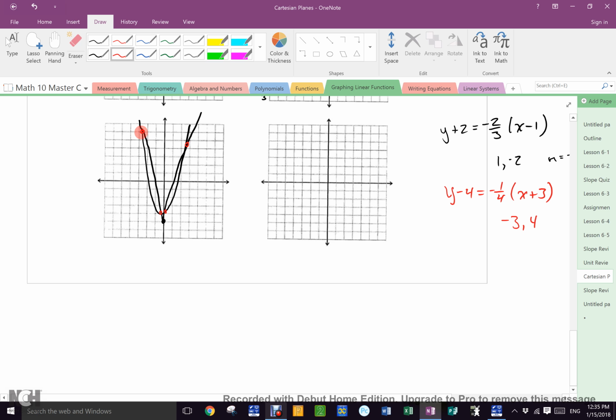Everybody cool? What if I gave you this? 1, 2, 3, 4. What's the point I'm trying to make? No matter what you graph, whatever the curve, whatever the line, whatever the zigzag, every time they cross is what? A solution to that system. Okay? What if I gave you this?